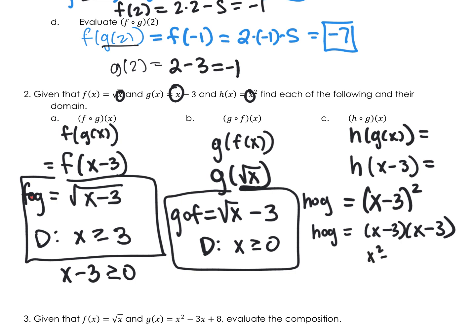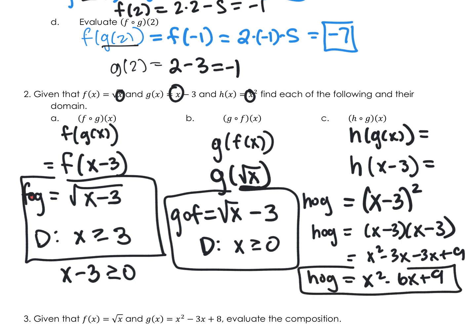So that'll be x squared minus 3x minus 3x plus 9, which is x squared minus 6x plus 9. So you might see this one as your final answer, if it was like a Schoology or something, or you might see it all the way done.